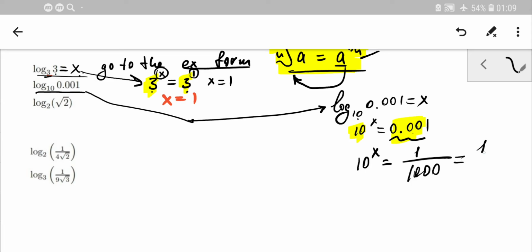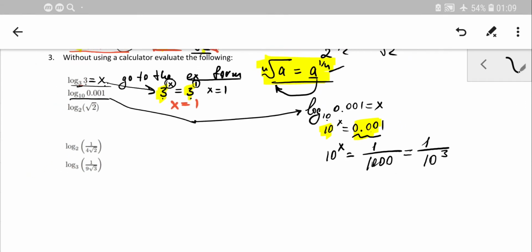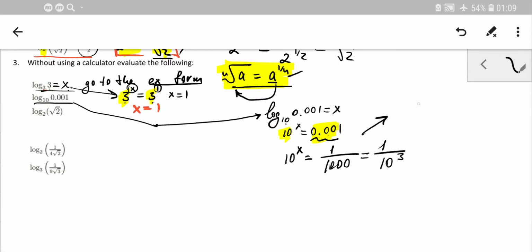Or you can use the index notation. So in the index notation, you simply convert 1,000 to 10 to the power of 3. And now you use the property we discussed just before: a to the power of negative n is 1 over a to the power of n. Okay, so how to apply it here?